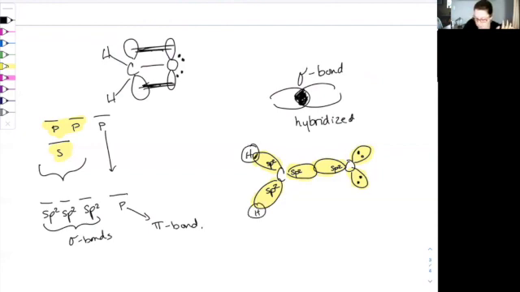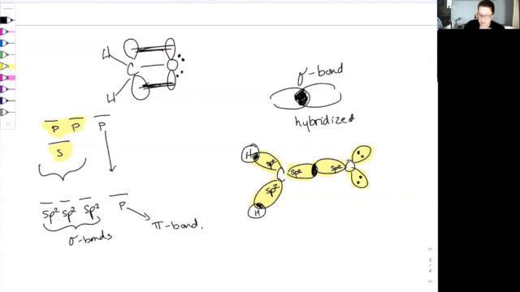Once again, this overlap right here is where the bond is happening. Is that much pretty good for everybody? Yeah. Okay, good.